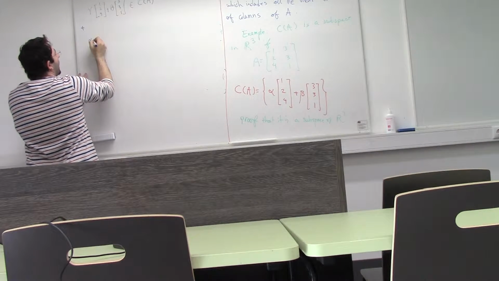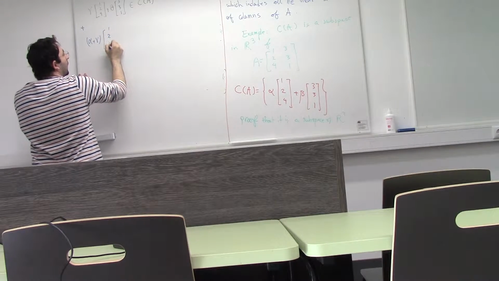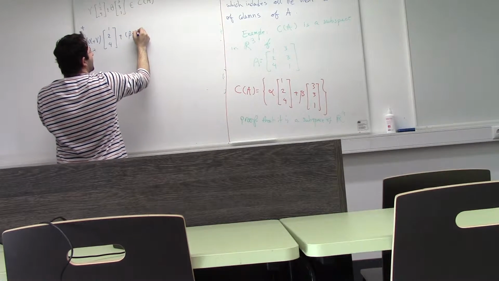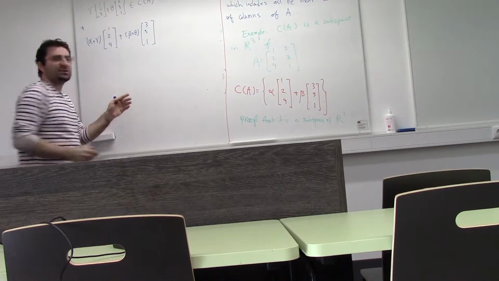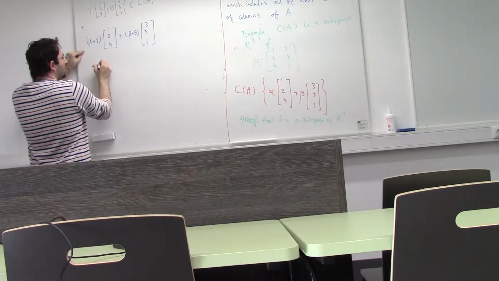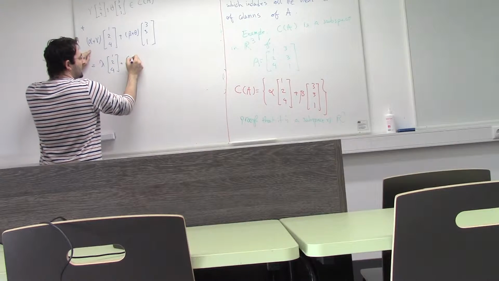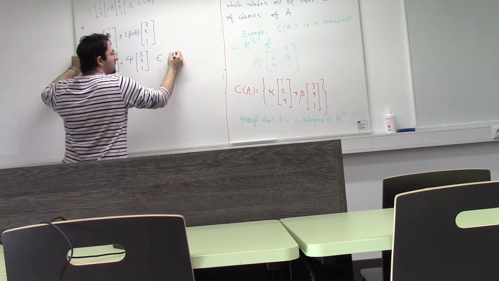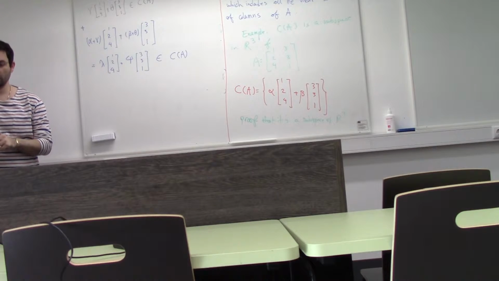The addition will be alpha plus gamma multiplied by 1, 2, 4 plus beta plus theta multiplied by 3, 3, 1, which can be written as lambda 1, 2, 4 plus psi of 3, 3, 1, which belongs to CA because it's a linear combination of these column vectors, right?